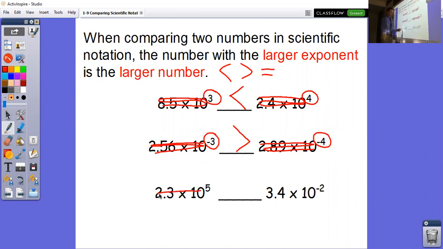In this one, we have a 5 and we have a -2. Obviously, any positive number is bigger than any negative number, so the mouth is going to open towards the 5 because the 5 is bigger. So when numbers have different exponents, we need to look at the actual exponents to compare them.